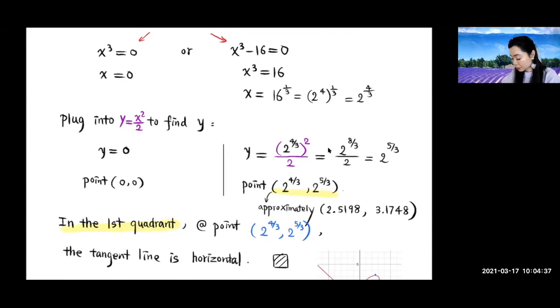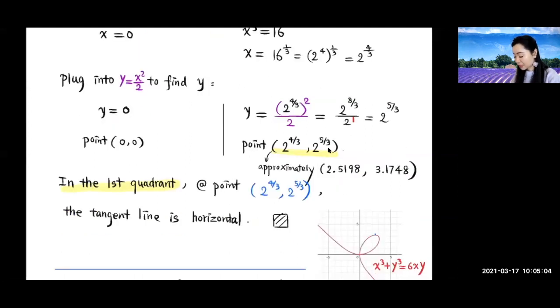So this is 2 to the 8/3, and this is 2 to the first power. 8/3 subtract 1 is 5/3. So the y coordinate is 2 to the 5/3. The x coordinate is this, the y coordinate is this, which is approximately this.